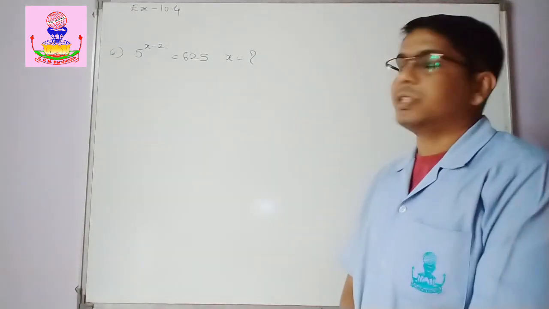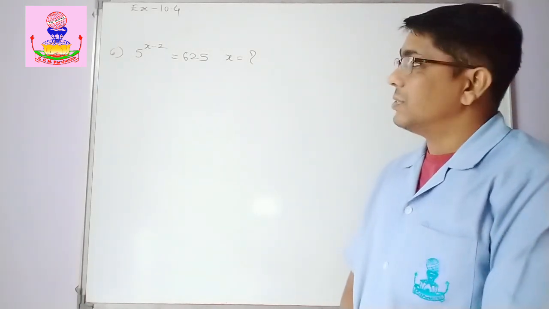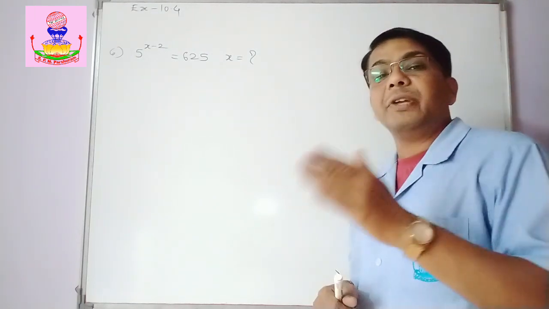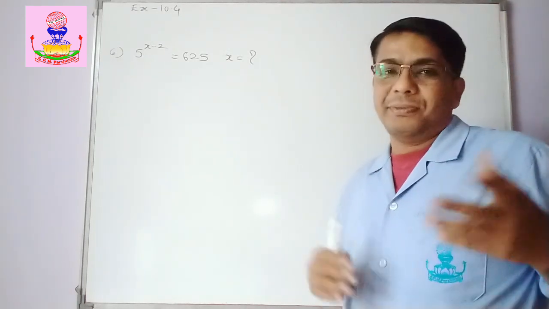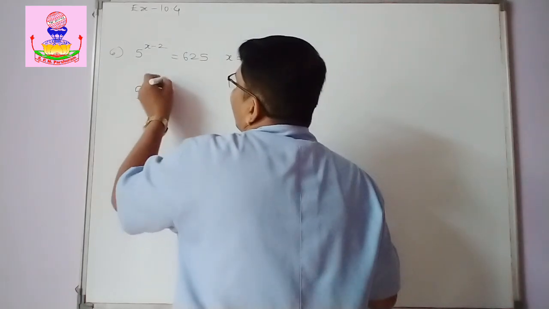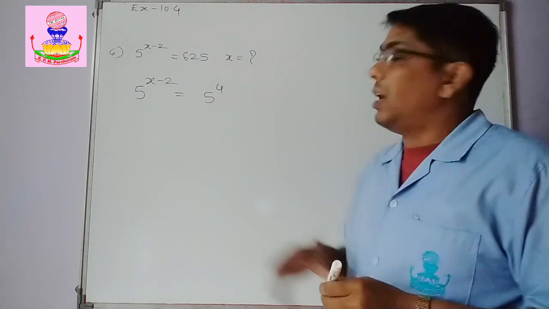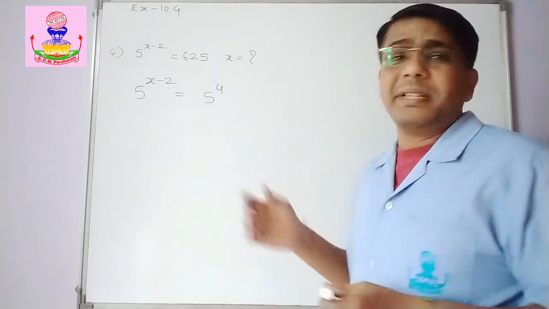Now see sixth one, 5 raised to x minus 2 is equal to 625. You want to find value of x. Now 625, express it as power of 5. We know 25 square is 625. Now 25 is square of whom? 5. So that means 5 raised to 4 is 625. Now see, bases are same.